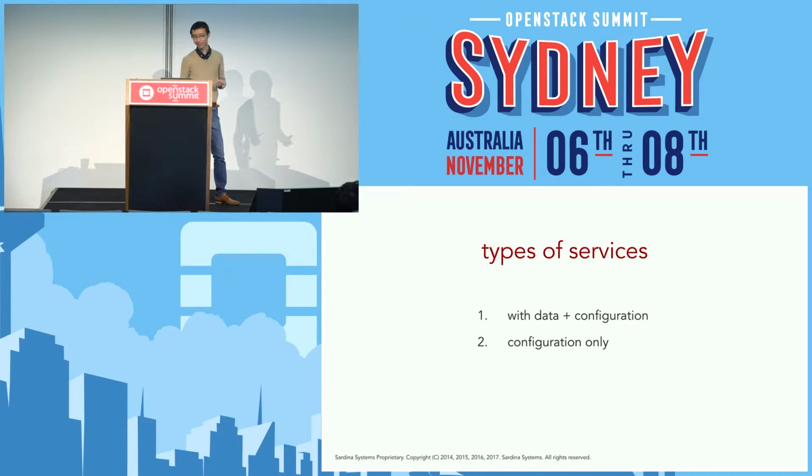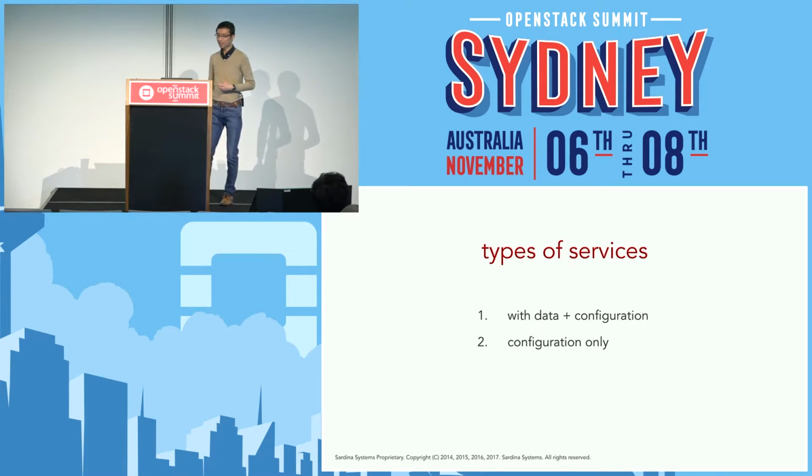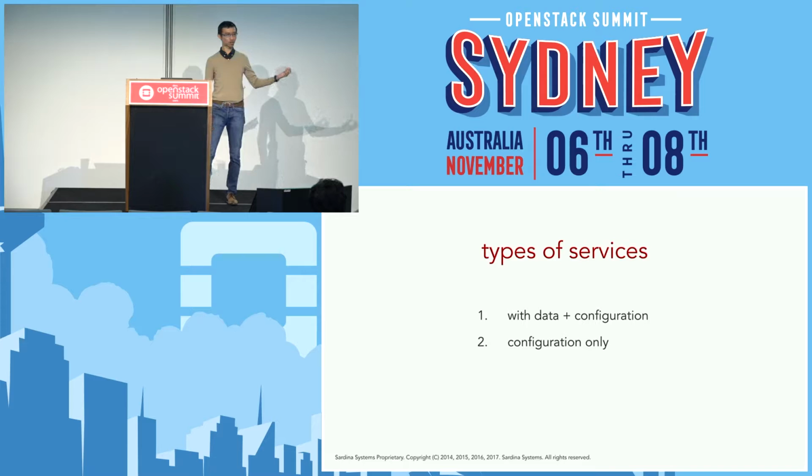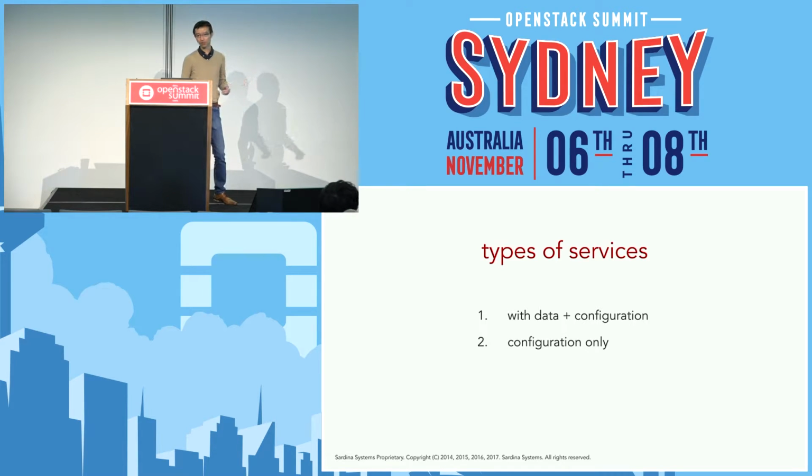Only databases. So, if we look at types of services, we can further break them down into services that have data and configuration, and services that are configuration only, so effectively stateless.